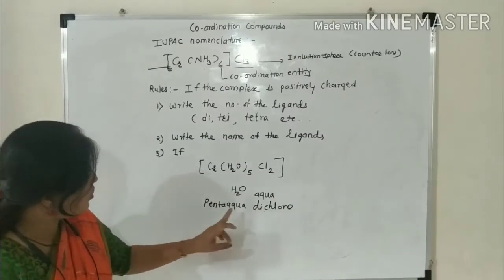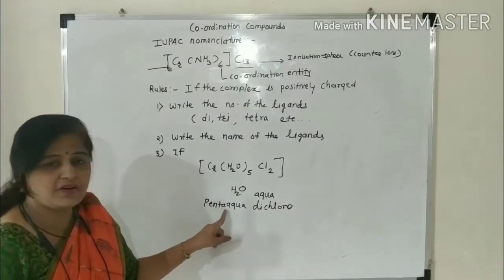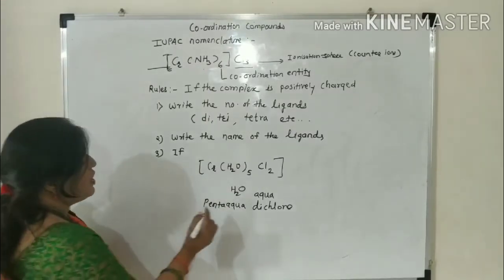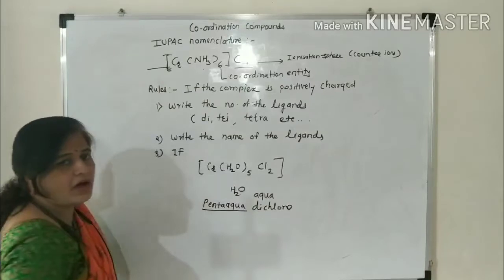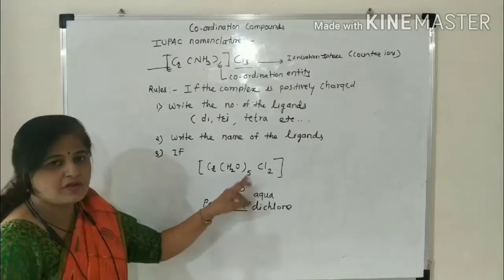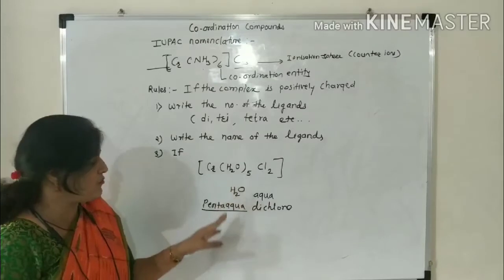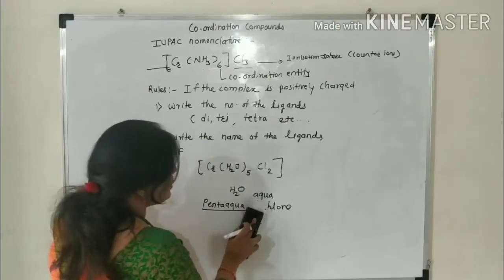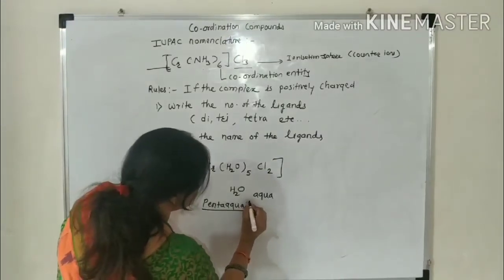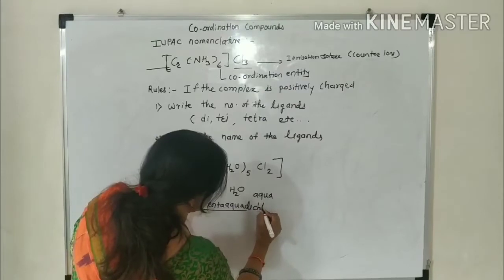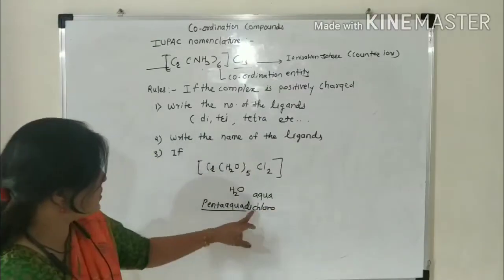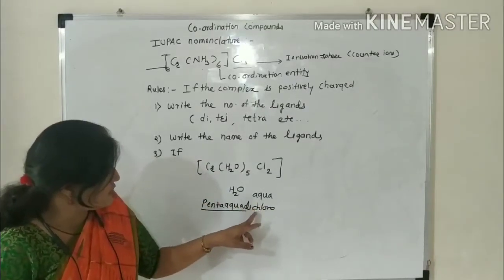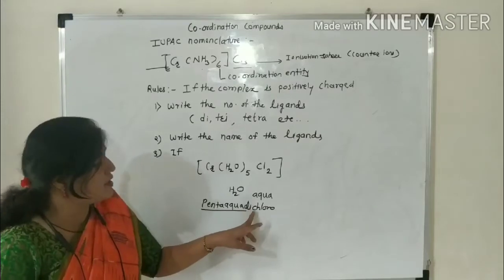Alphabetically, which comes first? Chloro or aqua? A comes first in ABCD. Therefore, you have to write down penta aqua first. 5 times H2O is present, and H2O is called aqua. Therefore, it is called penta aqua dichloro. There is no space between these 2 ligands, so you should write it like this: penta aqua dichloro.